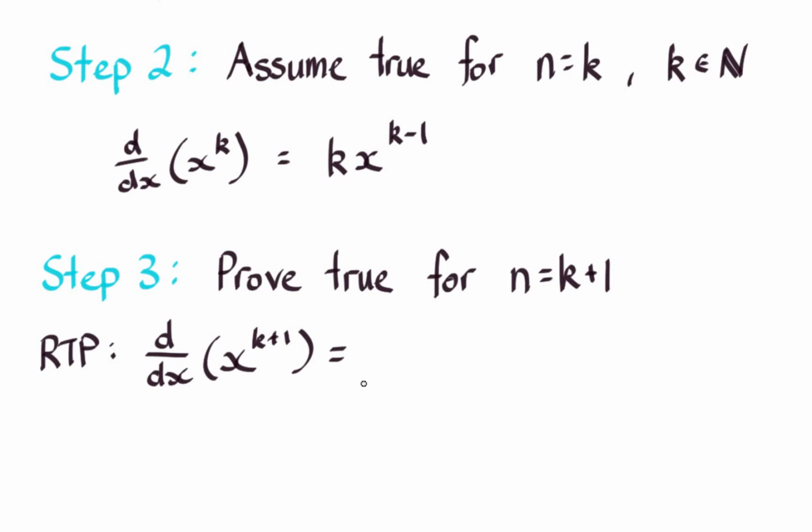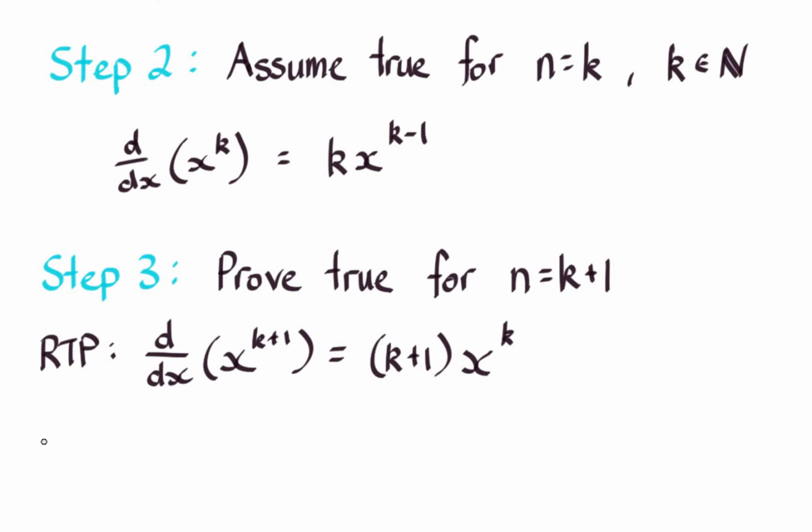So we're replacing the k with k plus 1. I'll just put it in brackets. Times x to the power of k plus 1 minus 1. Right, so let's say that that's x to the power of k. So k plus 1 minus 1, the 1's cancel. So this is what we are now required to prove in step 3.